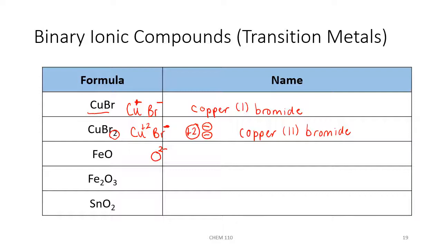And since there's only one iron for every one oxygen, remember there's unwritten subscripts of 1 after each of those, that means our iron ion must have a charge of +2. So when we name this, this is going to be iron 2 oxide.